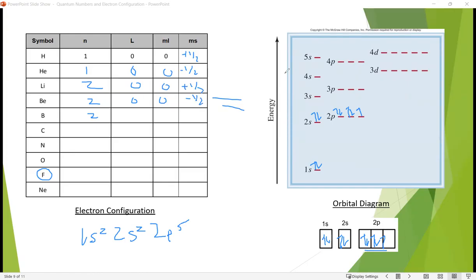And now that that's full, we're adding those electrons into the P. So the L is equal to 1. So 2, 1, 1. And so ML, just to keep it in order, 0, minus 1, 0, plus 1. And again, I did it with spin up.